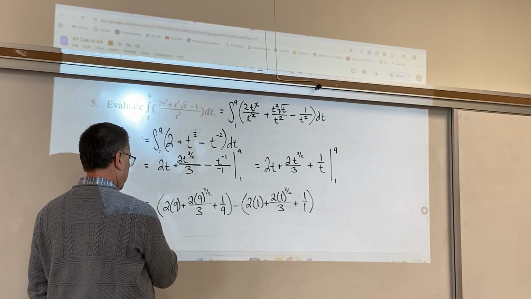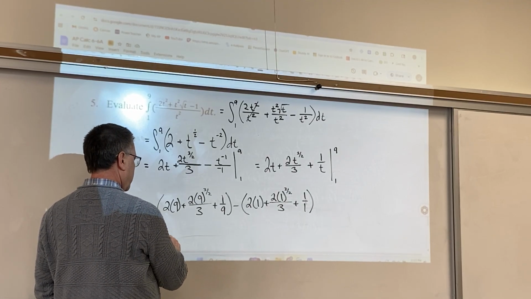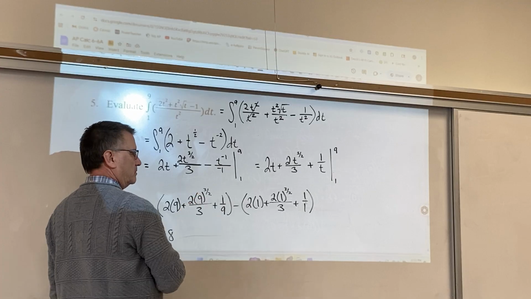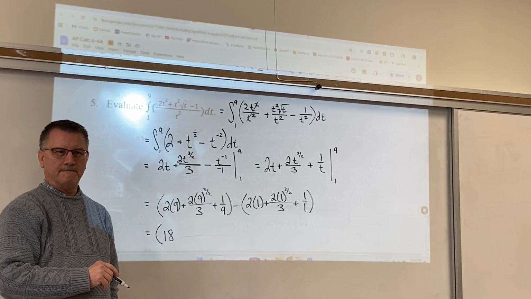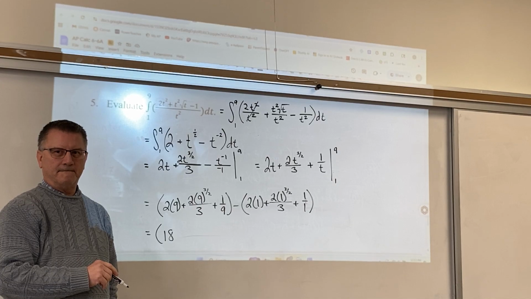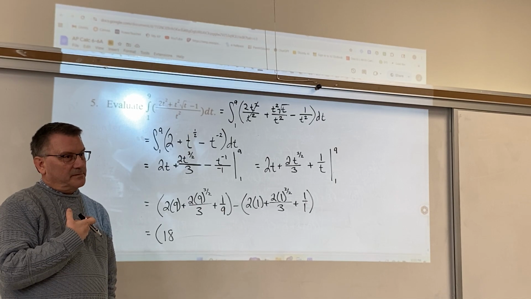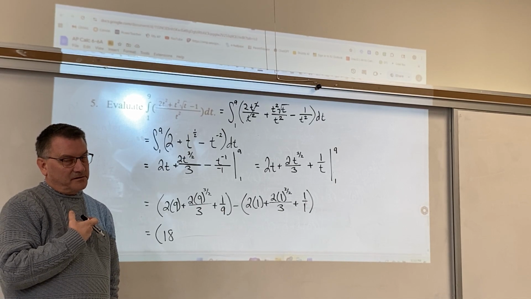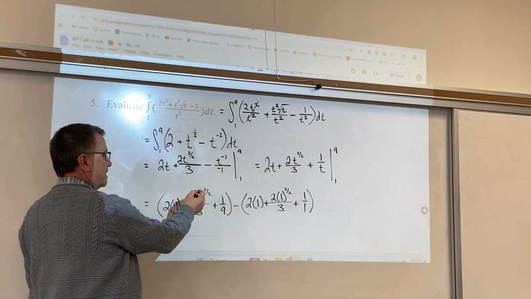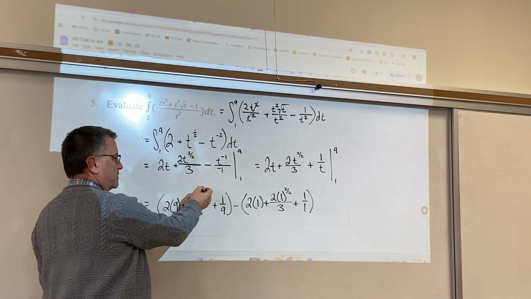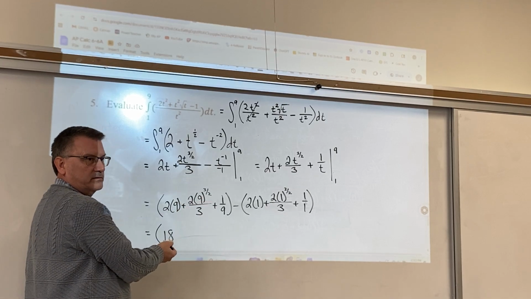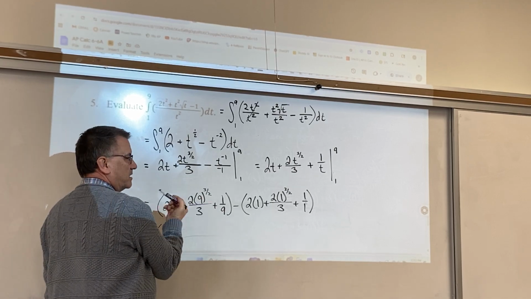So let's see what we got here. We're gonna have 18. Here's what I like to do when I have a rational exponent. I could raise 9 to the 3rd power and then take the square root of it. I'd rather make it smaller first.